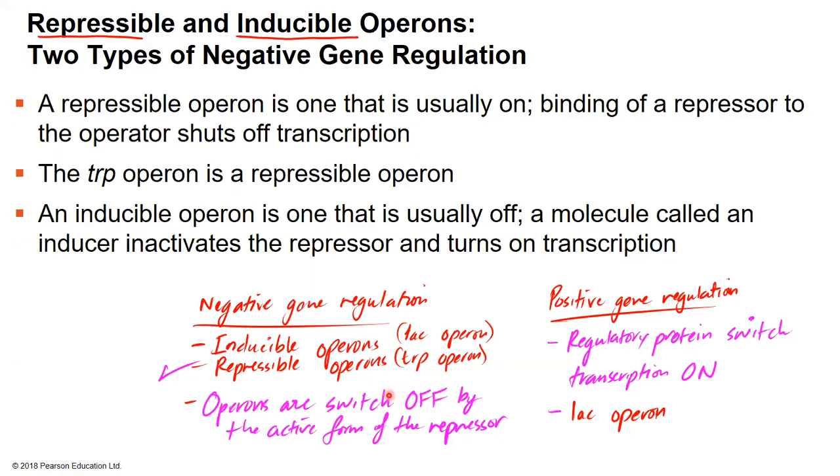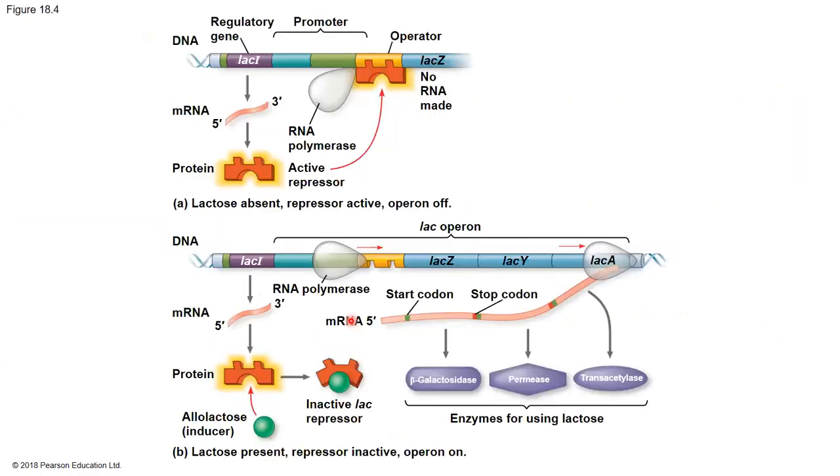So let's now discuss how the lac operon functions, or how it can be regulated. The lac operon consists of, just like the trp operon, genes, operator, and ribosome binding site.